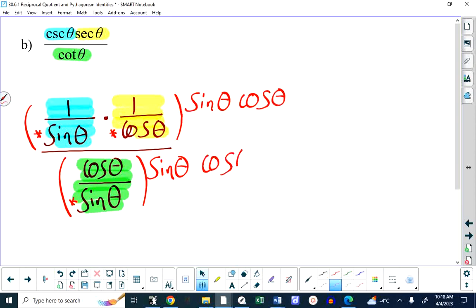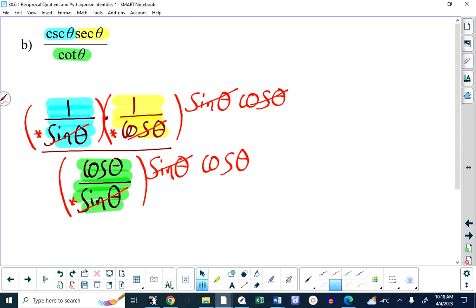And you need to be organized in what you have left. This is multiplication all the way through. So I can cancel anything that is in a numerator and a denominator. How many of you see that this is going to be equal to secant squared of theta?